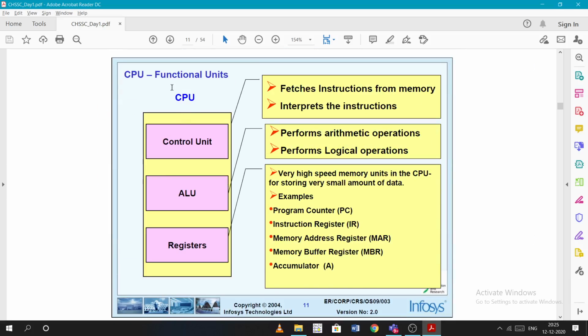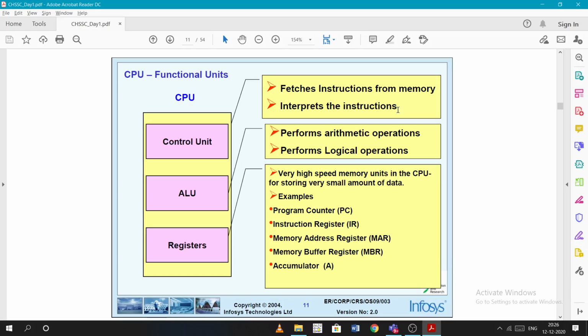Now in detail, the CPU functional units. In the CPU there are three functional units: the control unit, the arithmetic logic unit, short form ALU, and registers. The control unit fetches the instruction from memory and interprets the instruction. That means it will fetch the instruction from memory and identify what it has to do.